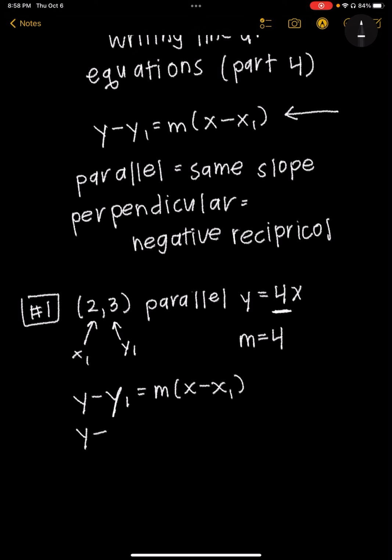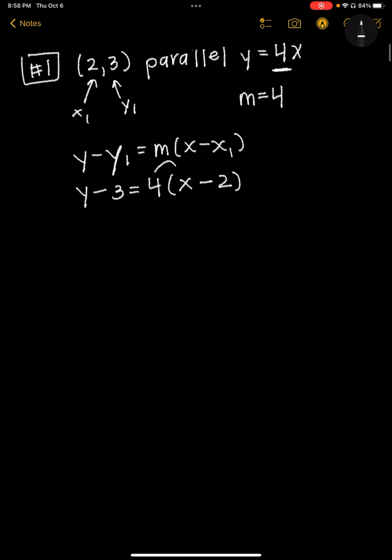I'm going to say y minus my y1, which is 3 in this case, equals m, which we decided was 4, times x minus x1, which is 2. All right. So now what we're going to do is distribute the slope. So we get y minus 3 equals 4x minus 8.